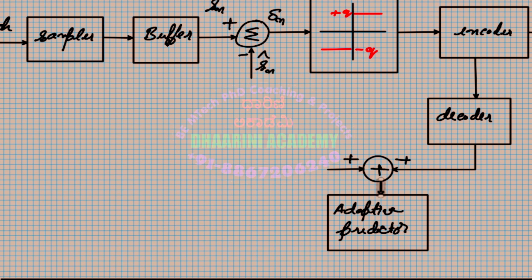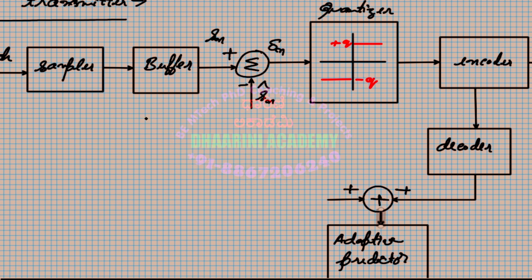Previously we didn't have an adaptive predictor here. It was a normal predictor, so we didn't use the adaptive notation over there. This predictor actually gets another input, which is going to come from the present and the past values of the speech samples present inside the buffer. From the buffer we give all the contents, such as the present value and past values, up to some n values, because a buffer is a fixed size of memory.